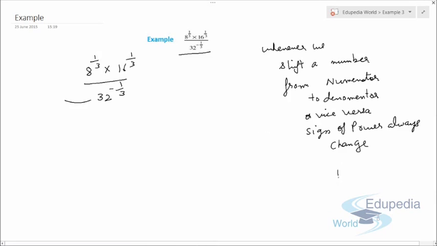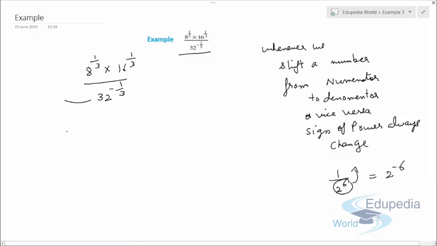Suppose we have 1 by 2 raised to power 6. If we shift this number 2 raised to power 6 to the numerator, it will become 2 raised to power minus 6. So the sign of power will always change.